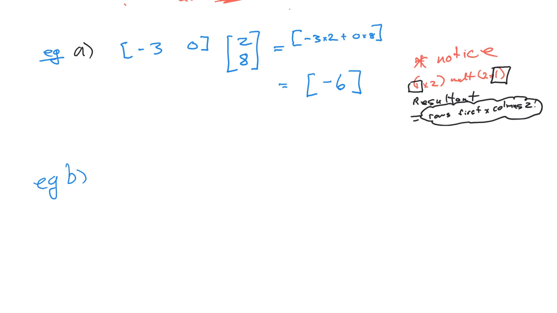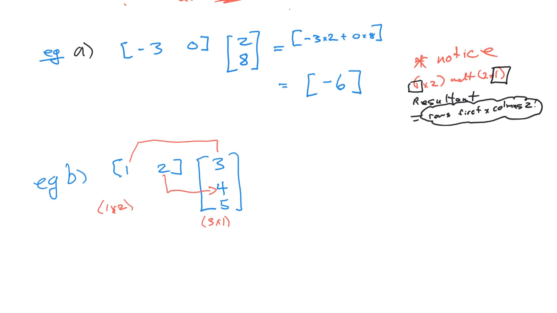This is example B. Imagine I have a matrix [1, 2], which is a 1 by 2, and this one is a 3 by 1. You'll notice something weird.